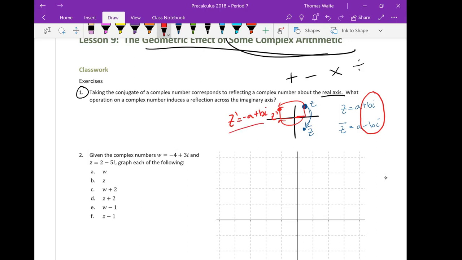So this is one way to write it. We could write it as negative a plus bi, or another fun way to write it is, if our conjugate of z equals a minus bi, and we want to get to negative a plus bi, we can just make our conjugate negative.